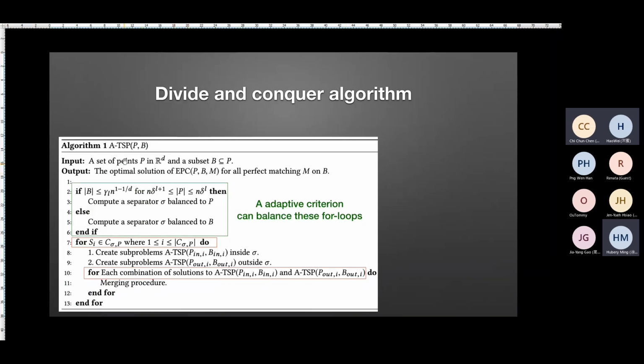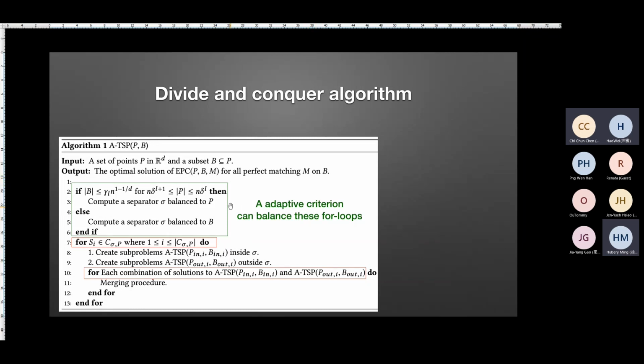This algorithm takes as input a point set P and a subset B belonging to P. These are the first and second inputs of an instance of EPC, and the target of the algorithm is to find the optimal solution of EPC PBM for all perfect matchings on the boundary points.